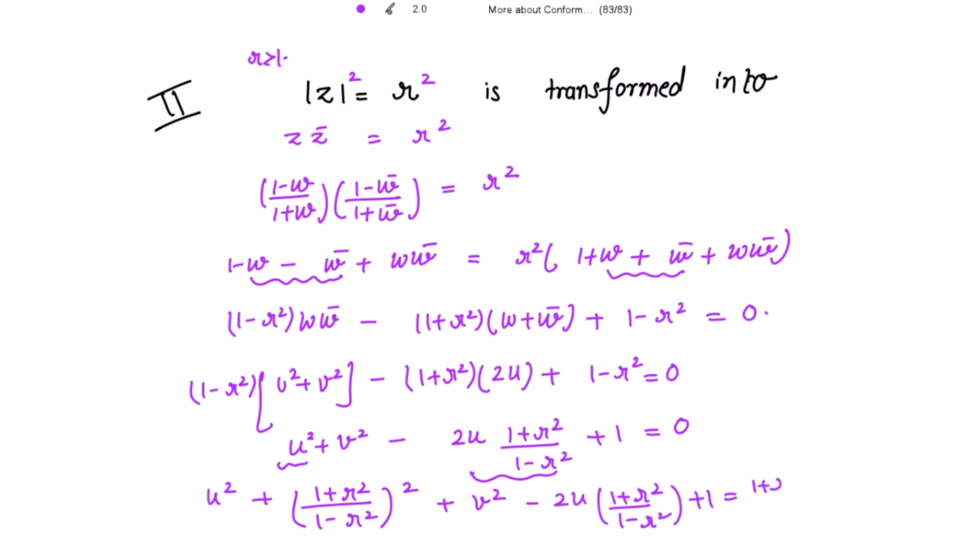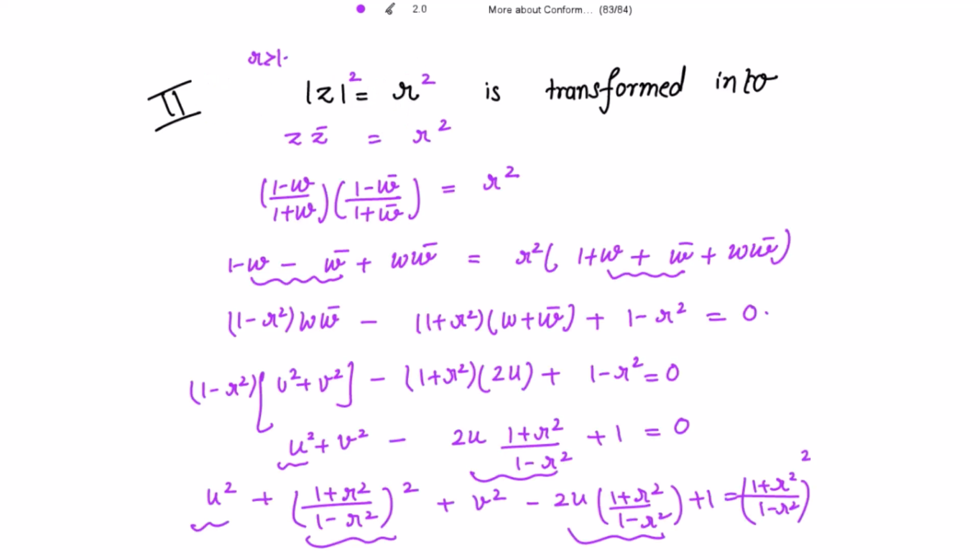So this is (1 plus r square over 1 minus r square) whole square. Yes, and then I get, if I consider the first term, second term and third term, from here I get the formula a square plus b square minus twice ab, which is (a minus b) whole square, right? So u minus (1 plus r square over 1 minus r square) whole square. And then here I'm having v square remaining, and let's take this constant term to the other side.